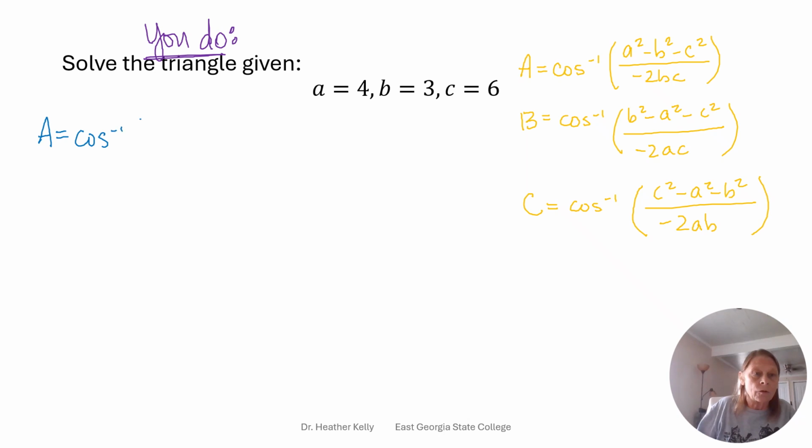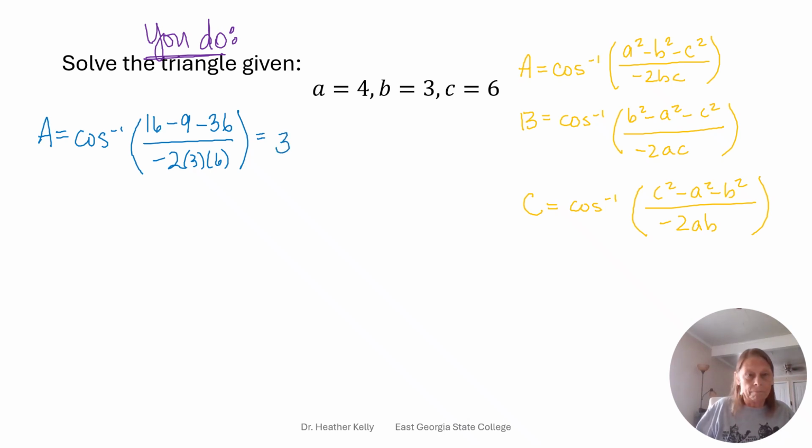Our cosine of A is 16 minus 9 minus 36 all over negative 2 times 3 times 6. That's going to give us 36.3.